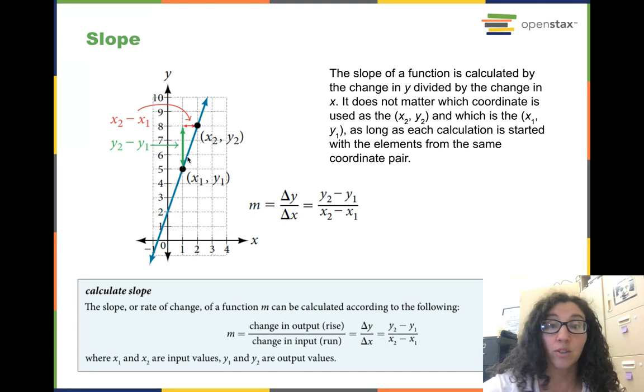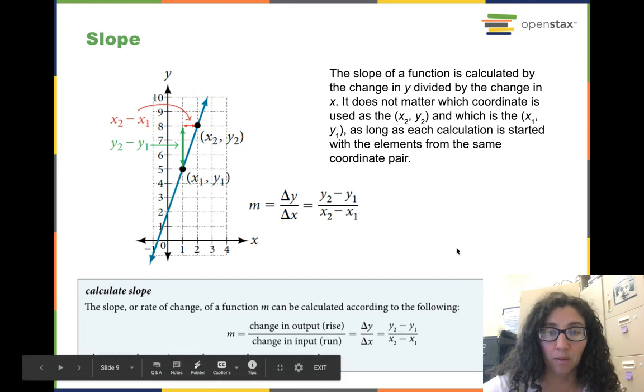We just have to be consistent, right? So in this case, let's call this one our first point and this one our second. It's going to be the change in y, so y2 minus y1, over x2 minus x1. Okay, so it'll be the change in y, rise, over run. That's another way we sometimes say rise over run, right? And this is really the same thing, just being stated again.